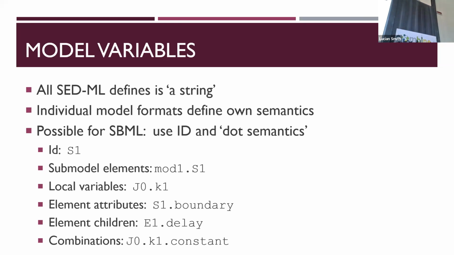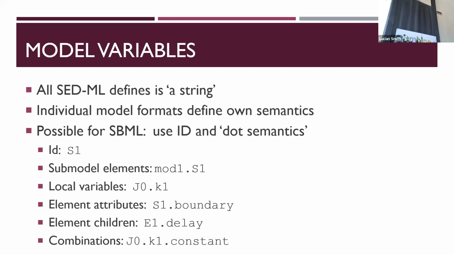There are also local variables. If J0 is a reaction, and K1 is a local parameter whose scope is just that reaction, you can refer to it by that. You could also use element attributes like S1.boundary, a Boolean attribute that says whether S1 is a boundary species or not.